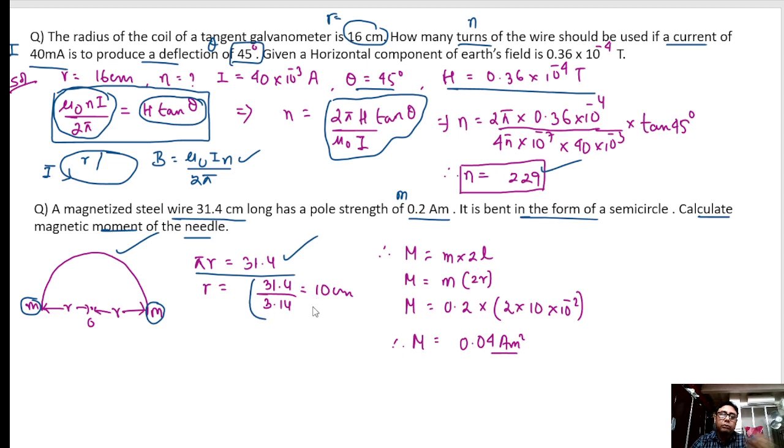So the radius of the semicircle is 10. So magnetic moment M is equal to m into 2l, and here 2l is acting as 2r. This is the total length. So m I know and r I know, so we get the magnetic moment of the needle. Clear?